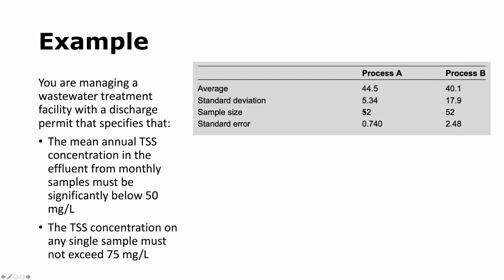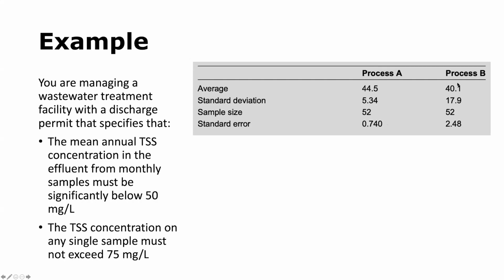Let's say you do this over the course of a year. You collect samples every week, analyze TSS, and calculate the average concentration and the standard deviation. The standard error is related to the standard deviation and the sample size. All right, so that's all covered. How to calculate those is all covered in your reading assignment.